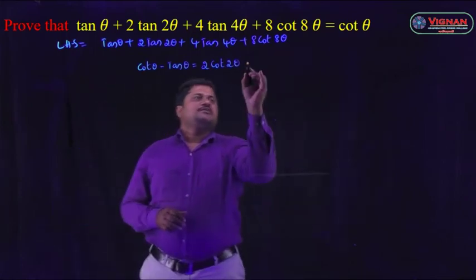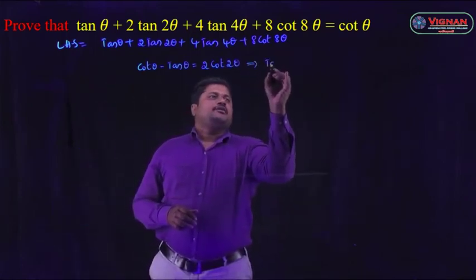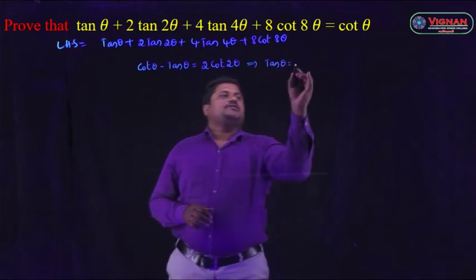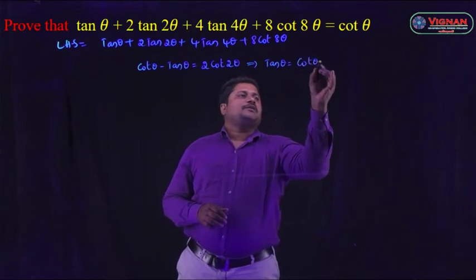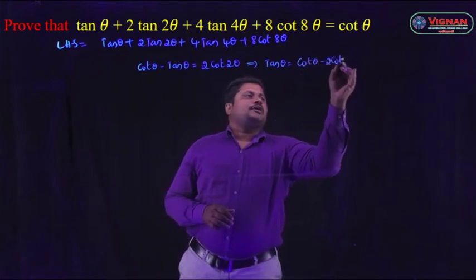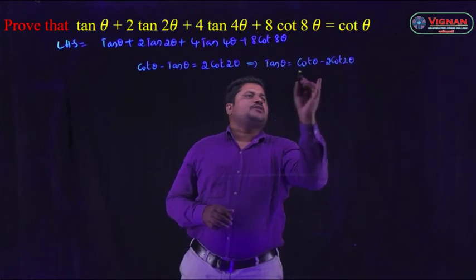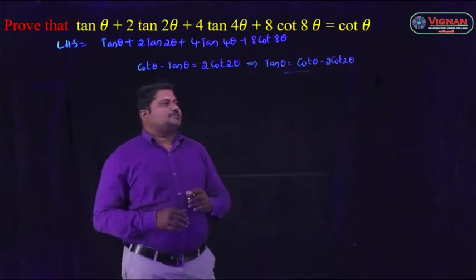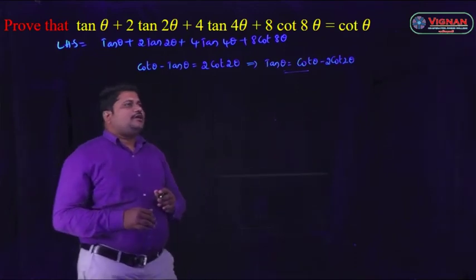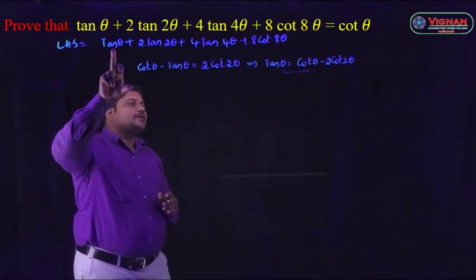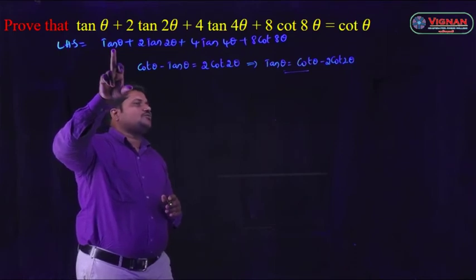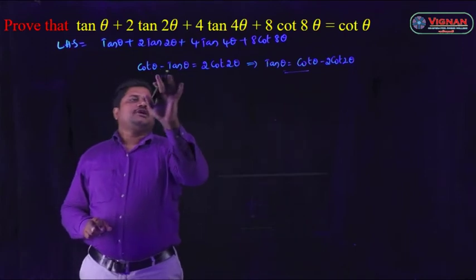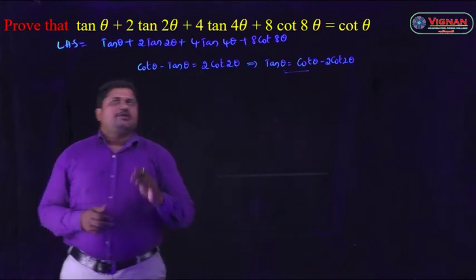From this we get tan theta equal to cot theta minus 2 cot 2 theta. In the previous problem we solved this formula.